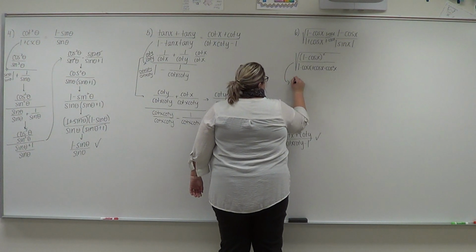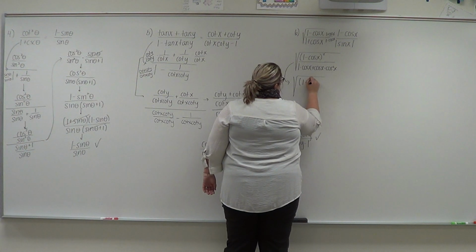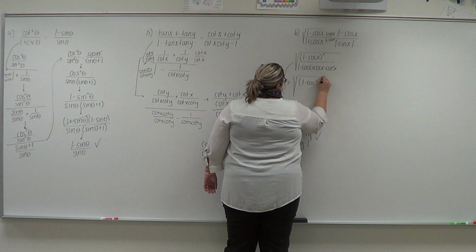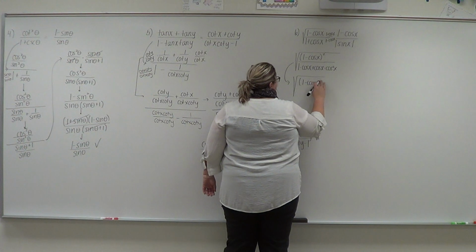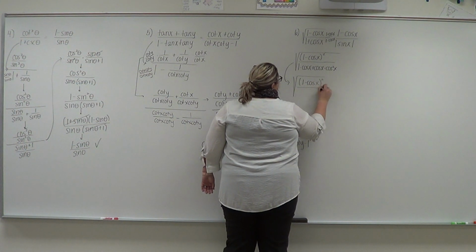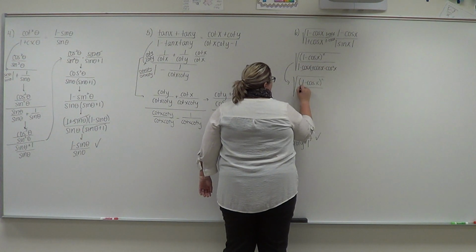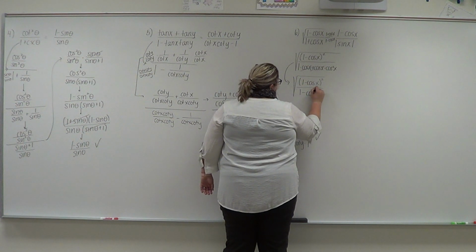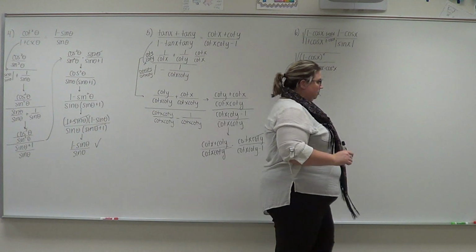Okay, which then simplifies. Cosine x parentheses squared, so cosines cancel. So that's 1 minus cosine squared.